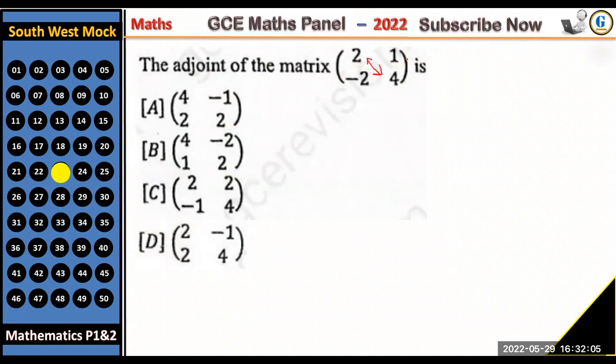Then we change the signs in front of the off diagonal entries. So I'll now have 4 at this position and 2 here. A is almost the answer, but you now change the sign from +1 to -1, and this one from -2 to +2. So our key is A.